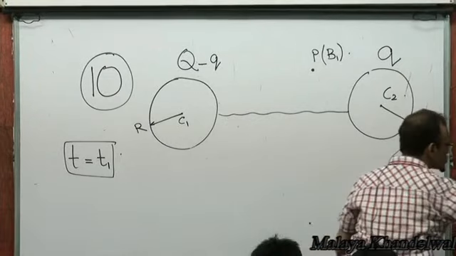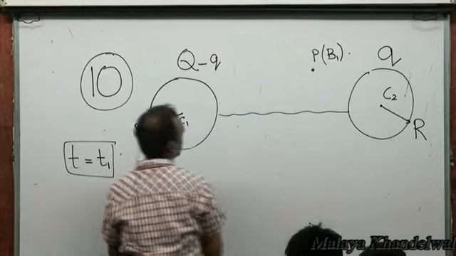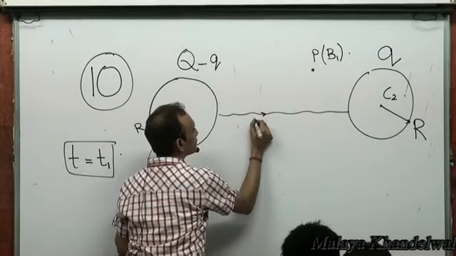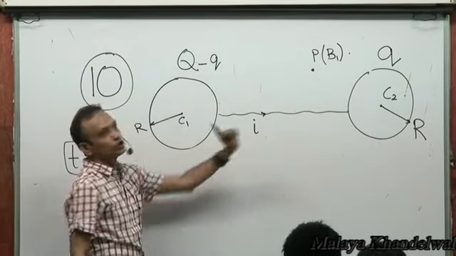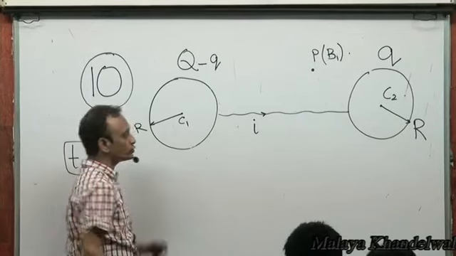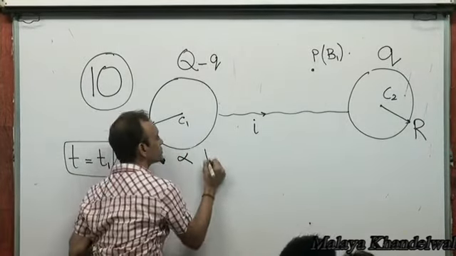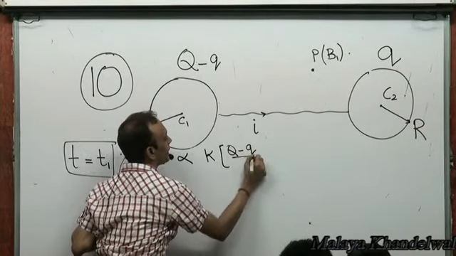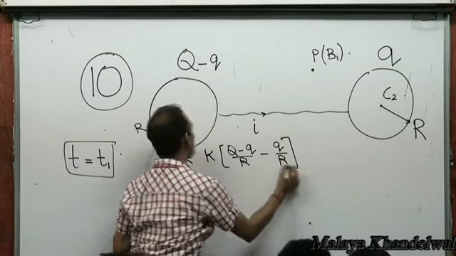Now, just to understand what this would be. First of all, at this instant, there is a current I. This current I would be proportional to the potential difference between the two, right? Now the potential difference between the two is going to be Q by R minus Q by R. That's the potential difference between the two.